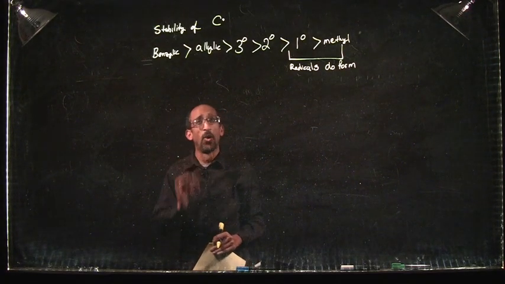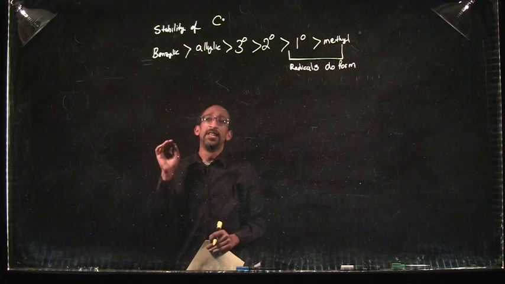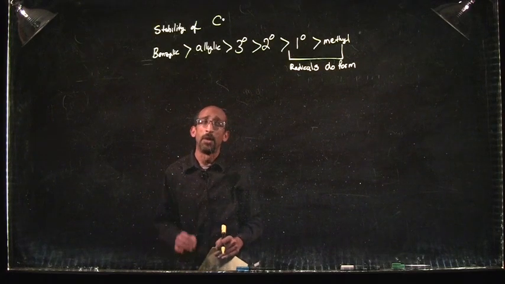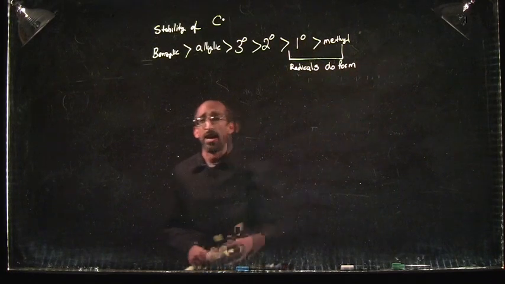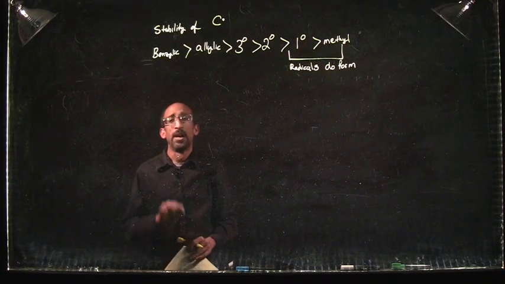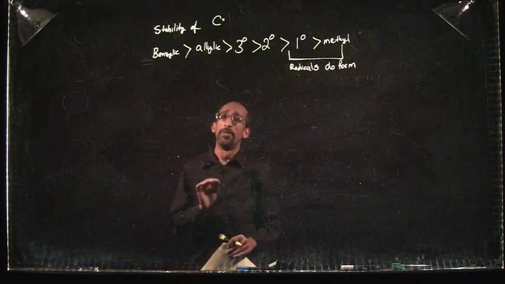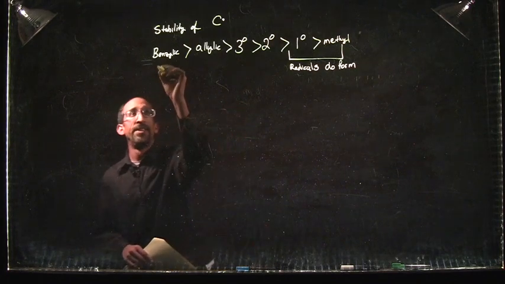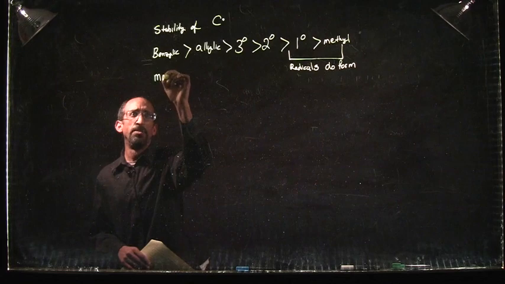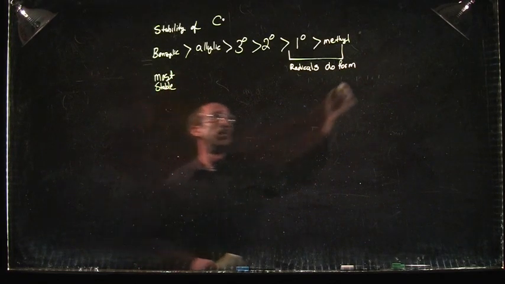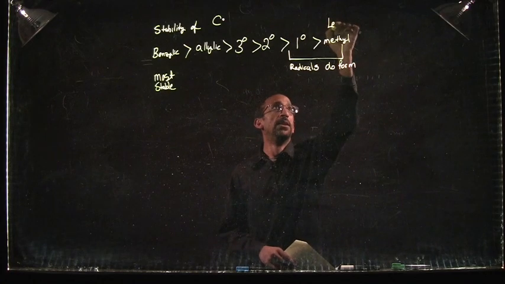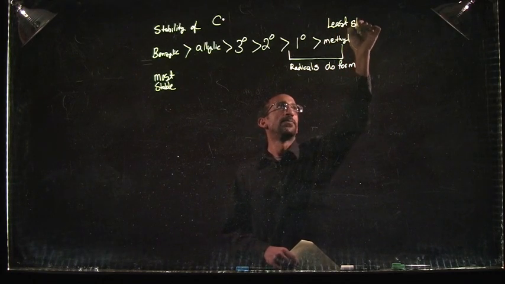So that's the only difference between the stability of radicals and the stability of carbocations. While we cannot form a primary or methyl carbocation, we can easily form a primary or methyl carbon radical. Right? So again, this benzylic is going to be most stable, and our methyl is going to be least stable.